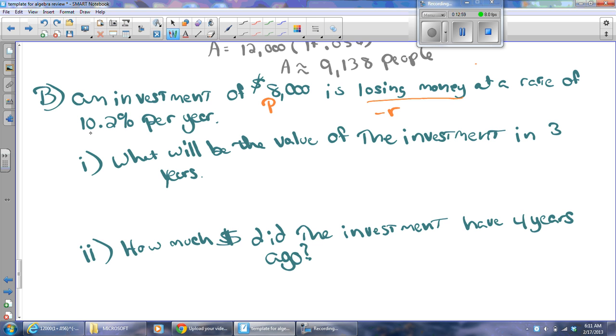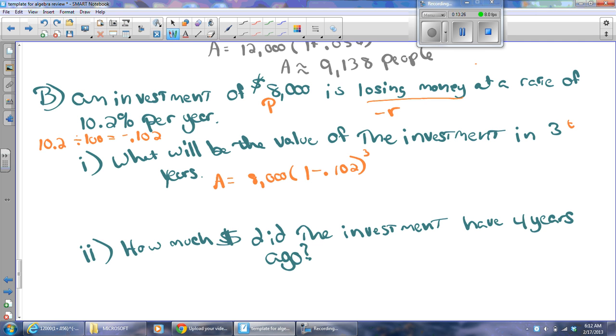Well, I take the 10.2, divide by 100, and I get 0.102. And that's going to be a negative in my r. t is 3. So to solve it, A equals 8,000 times (1 minus 0.102) to the 3rd power.